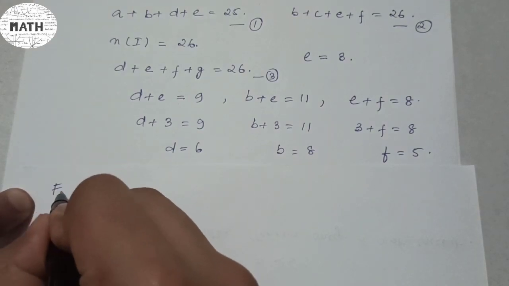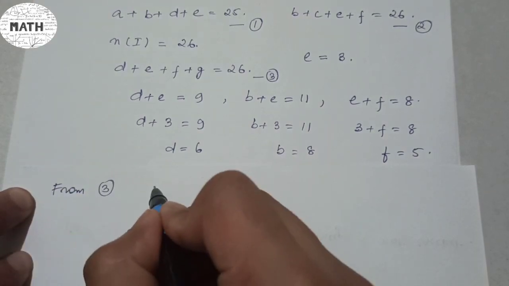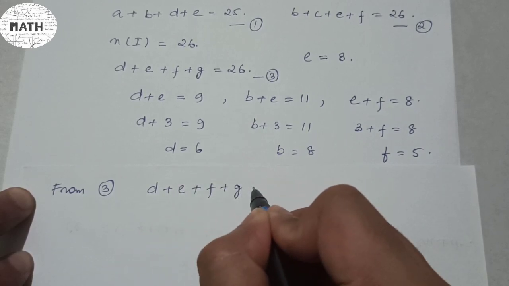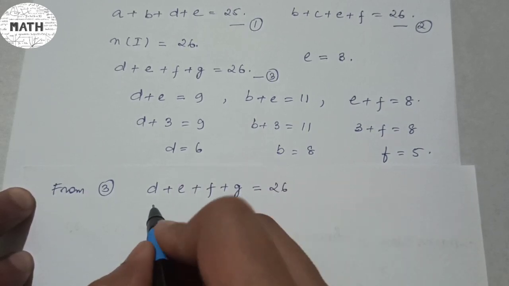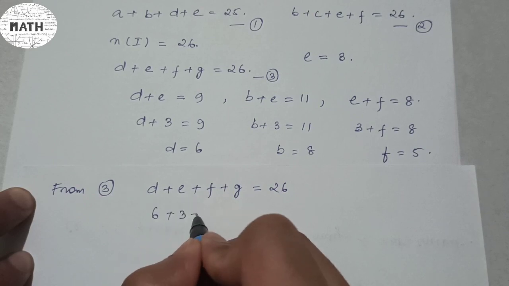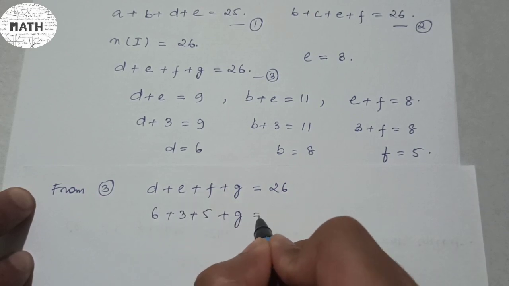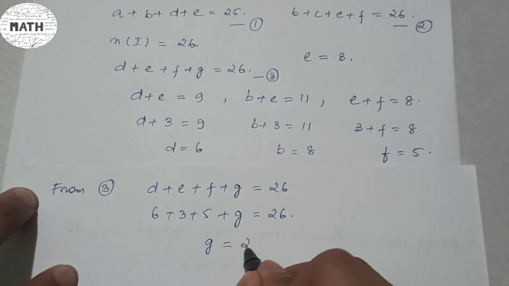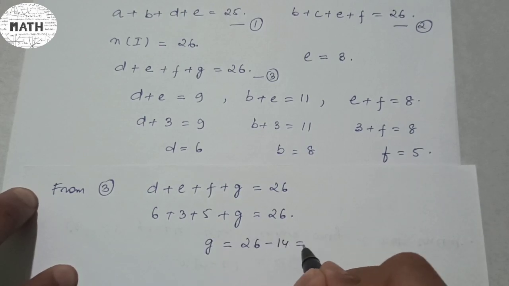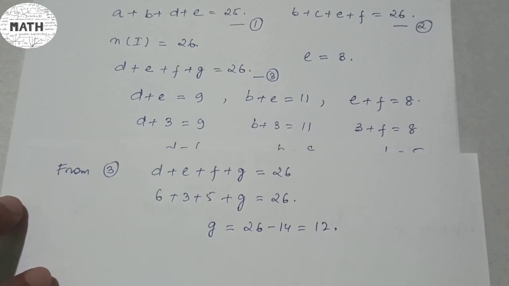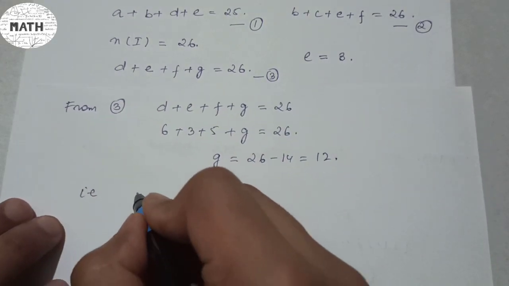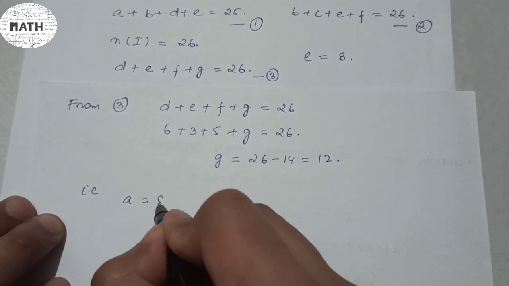Now from 3 I got it to be D plus E plus F plus G is equal to 26. So that is 6 plus 3 plus 5 plus G is equal to your 26. So I got G to be nothing more than 26 minus 14, which is 12. Alright, so I got every alphabet. So the alphabet A, I got it to be 8.